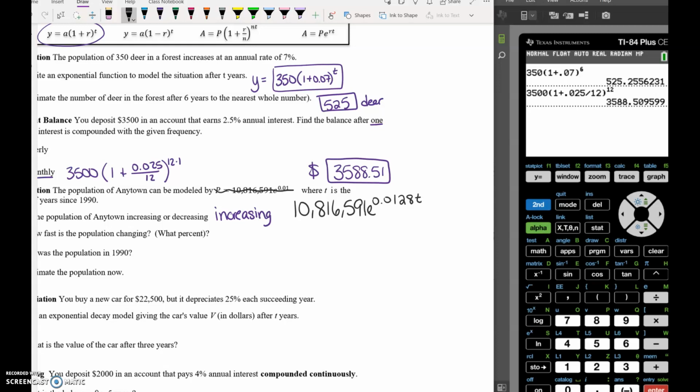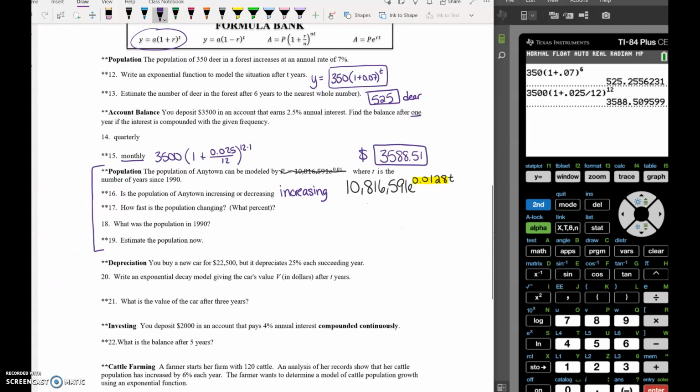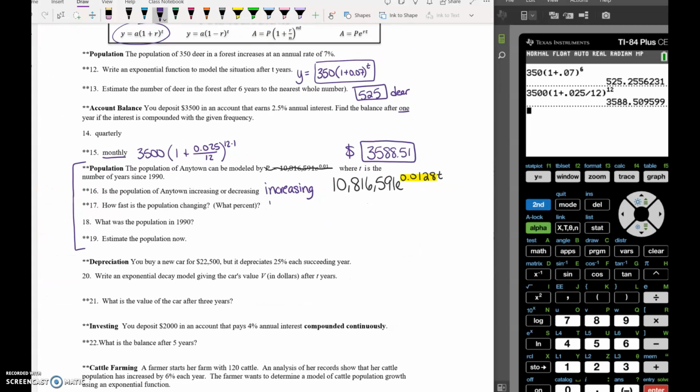The percent is this decimal right here. We need to change that decimal back to a percent. And in EdSite, there will be a field for you to type in, and it'll say percent after. So 0.0128, move that decimal 2 places, that is 1.28%. I think it's a slightly easier percentage on the actual test.